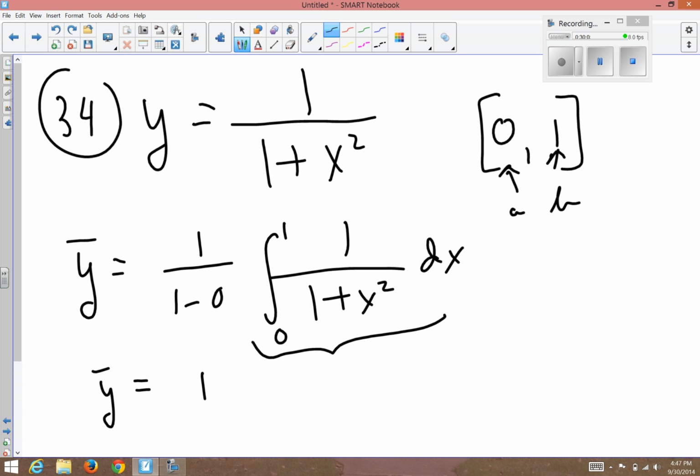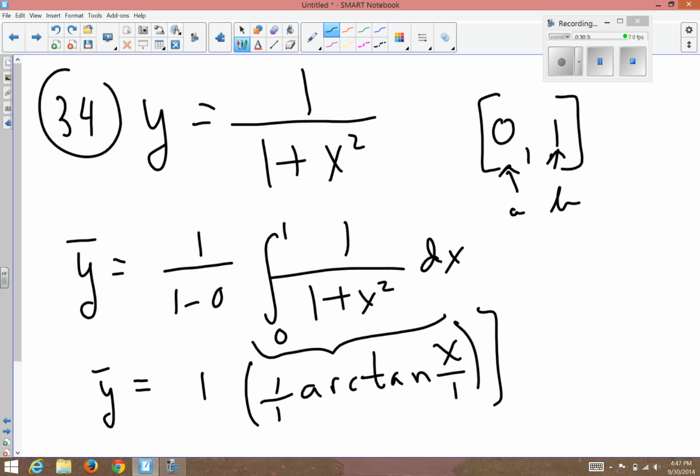And this integral, or antiderivative, is the very last one on your formula sheet. The formula sheet has an a squared plus x squared, so the a squared must be 1. So according to that last formula, this integral is 1 over a, by a I mean the square root of this number right here, times the arc tangent of x over a, the a is 1, because that's a squared, plus any constant, and we're going from 0 to 1.